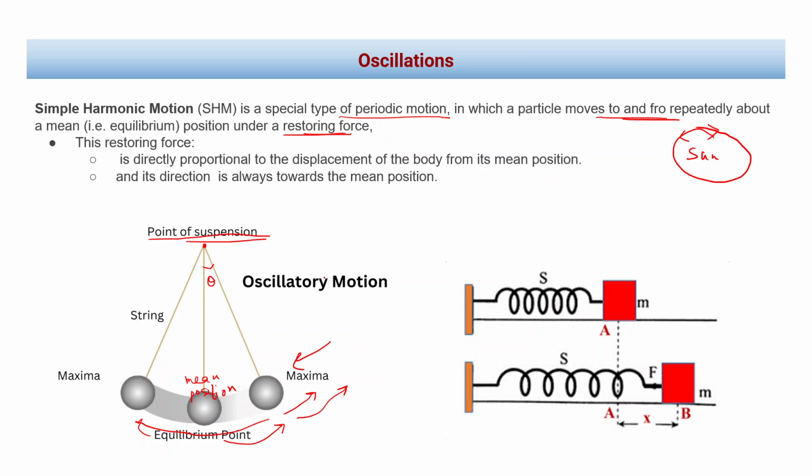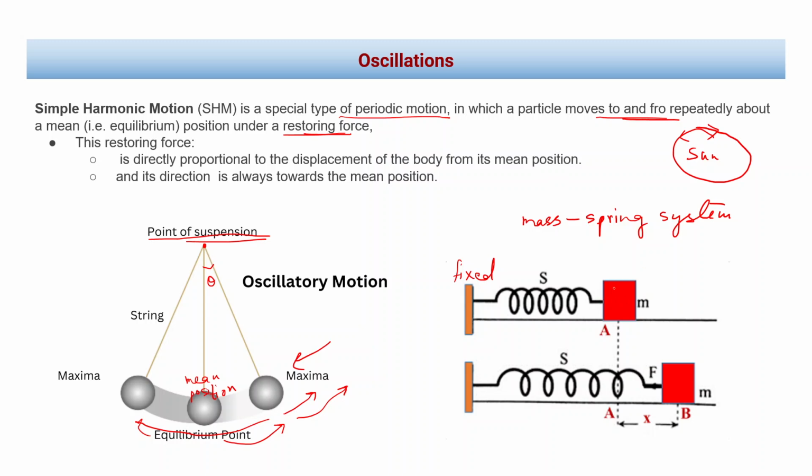Now this was for a pendulum. The same is applicable for the mass spring system. Here we have a spring. One end is attached to the body, and the other end is attached to a rigid thing that won't move. This end is fixed, and the other end is attached to a mass which we can pull or push, and accordingly the spring will compress or expand.